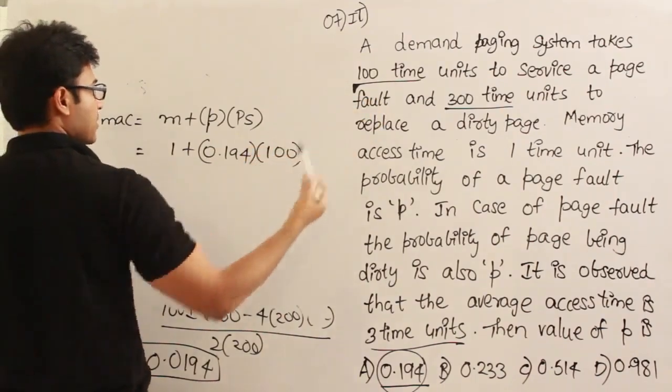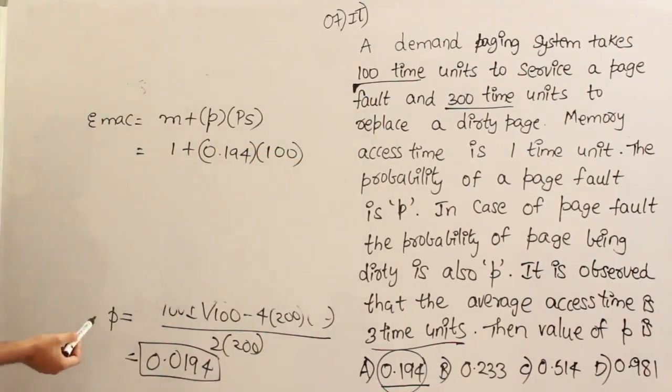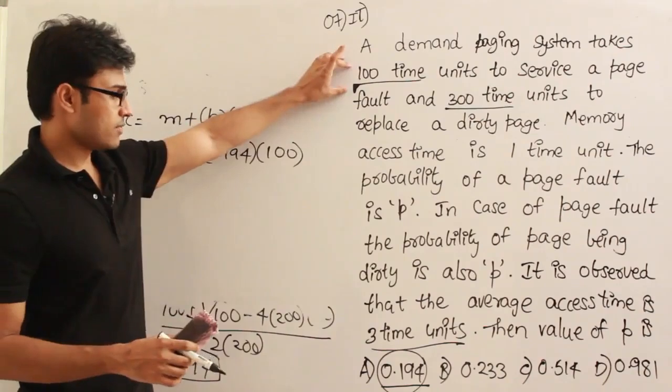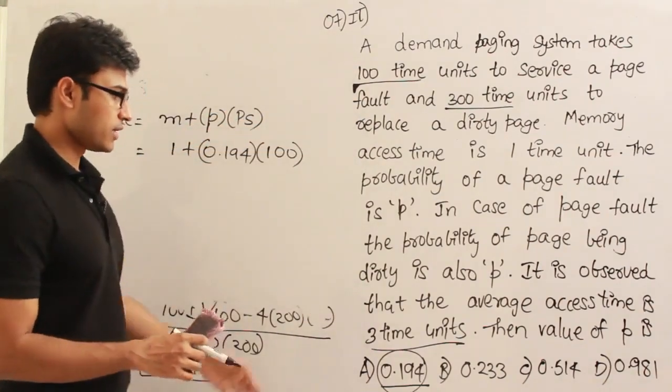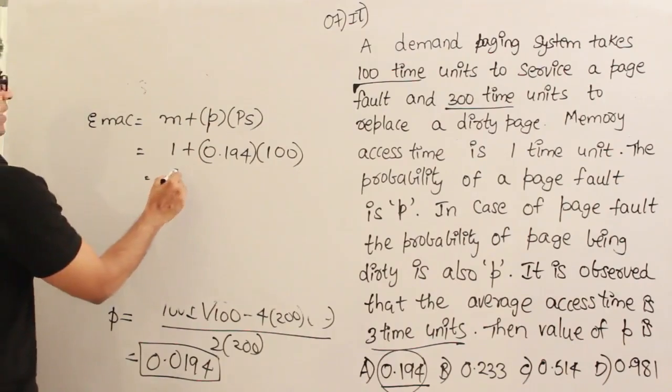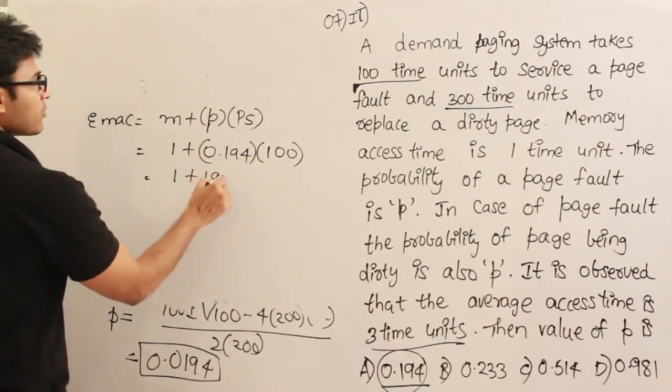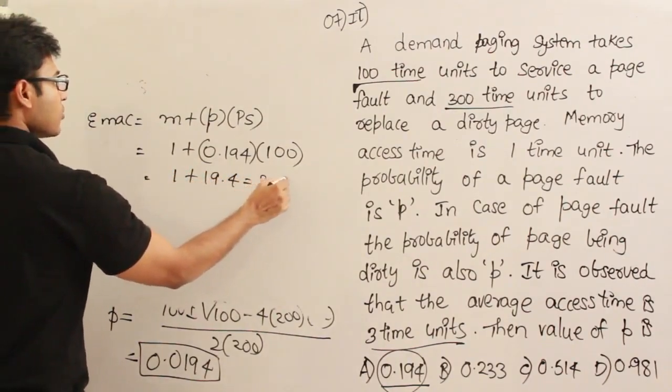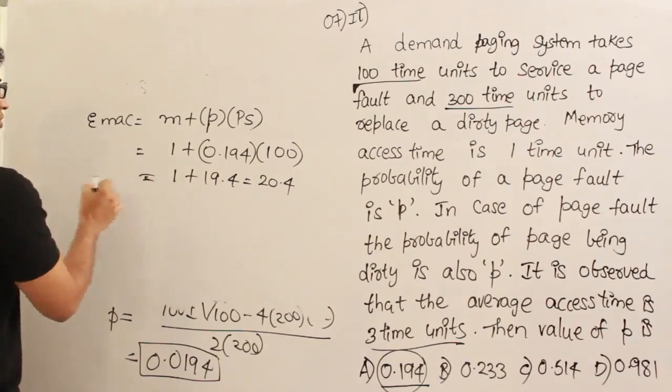In worst case, the page service time is going to go till 300, right? I'm taking the best case, which means the least page service time and the least page fault rate given in the options, and still using this, you might get the answer as 1 plus 19.4, which is nothing but 20.4, right? It is not equal to 3.